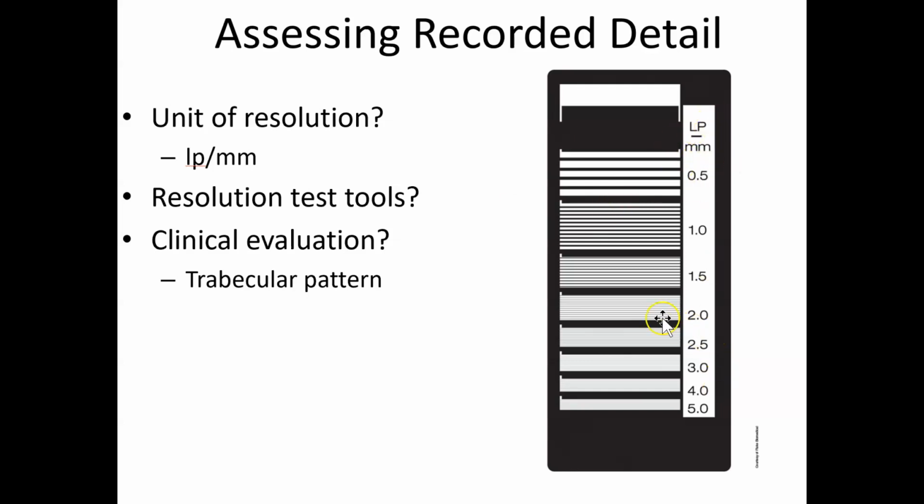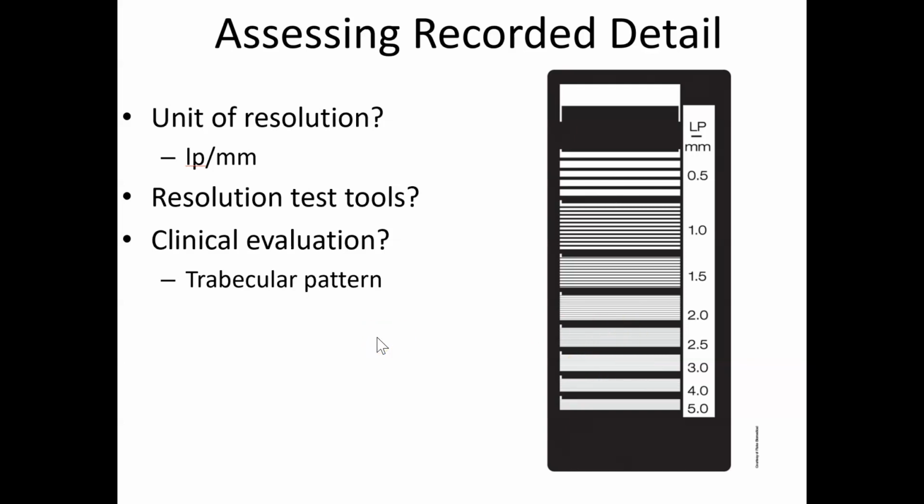And depending on whether you can see the lines, you will get an idea how many line pairs per millimeter you're going to see on your image. We see that we really can't differentiate the lines here, and 5 line pairs per millimeter is a really good resolution level. Usually we're somewhere around 3, 2.5.